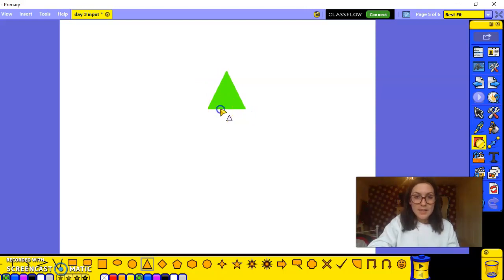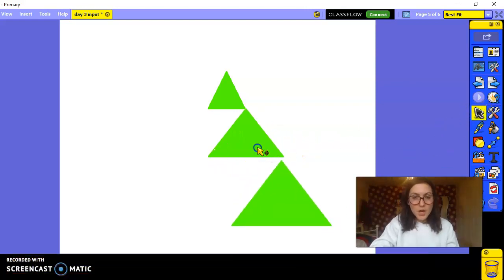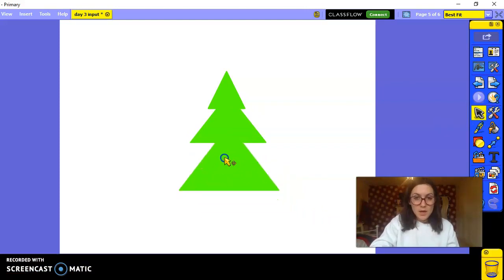Then my plan is to do a slightly bigger one. I will move these in a minute. I've just got to create them first, and then an even bigger one. So I've chosen to do triangles because they are pointy and they most reflect the look of a tree, I think. So those are my chosen shape there.